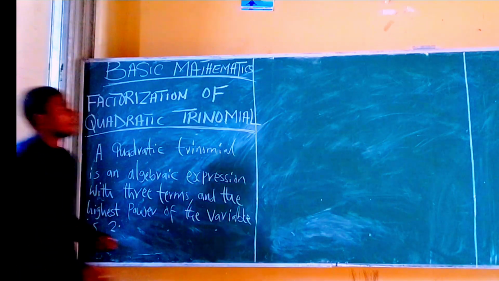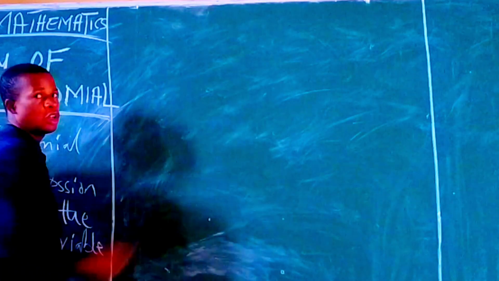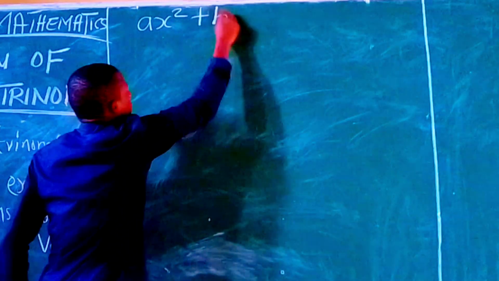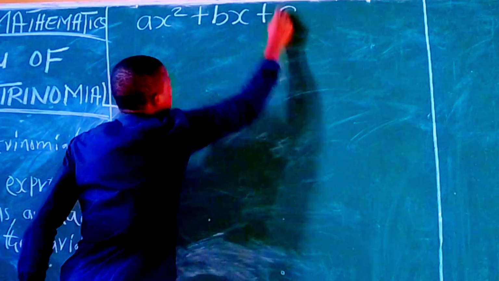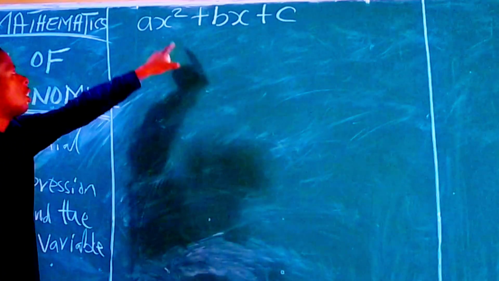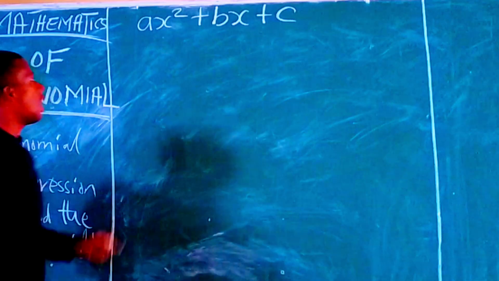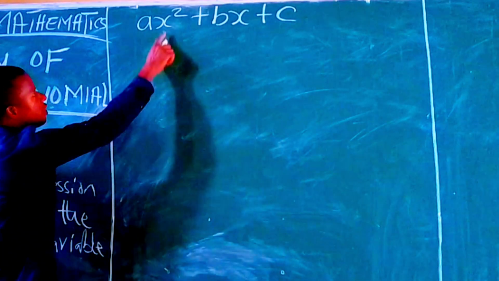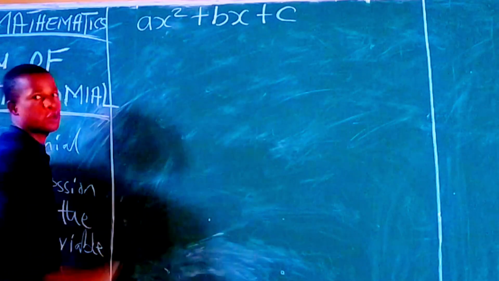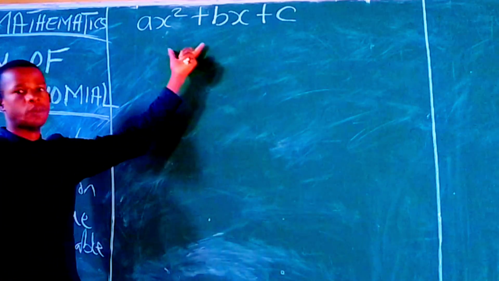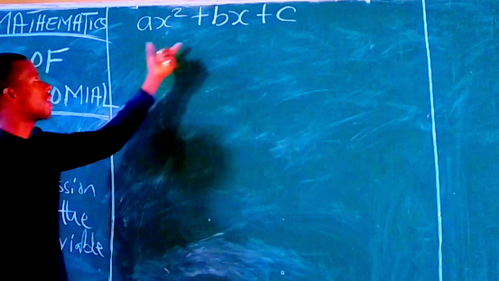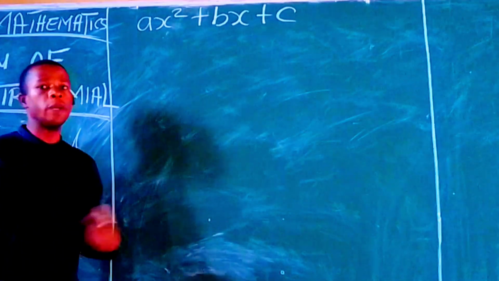Let me give us an example: if you have something like ax squared plus bx plus c, this is an example of a quadratic trinomial, because it has 3 terms in this expression, and the highest power of the terms is the power of 2.